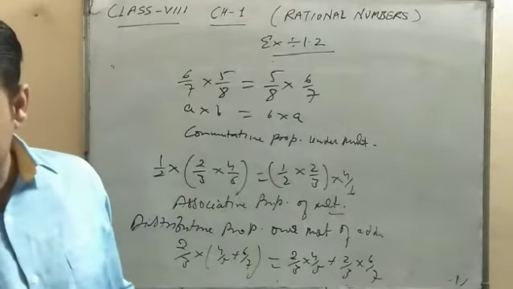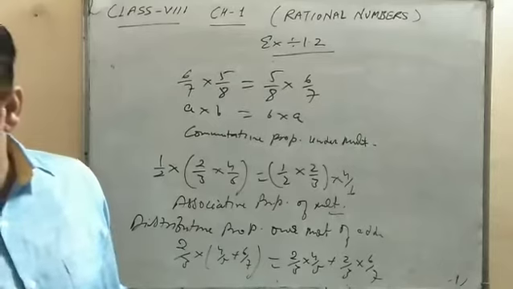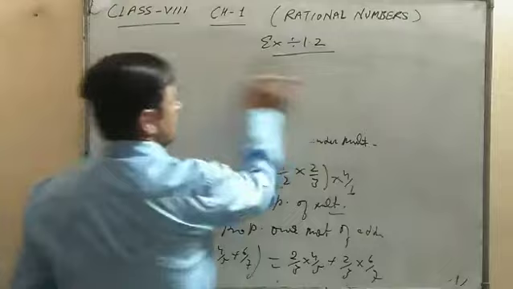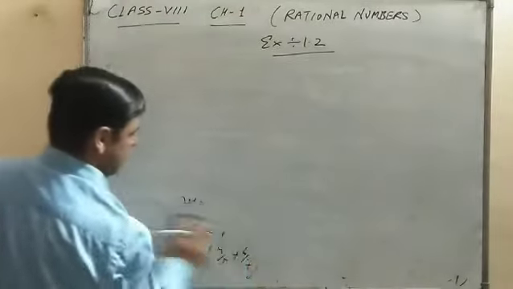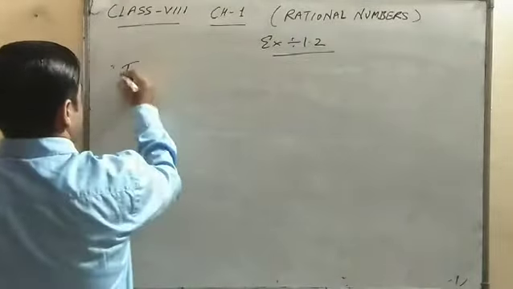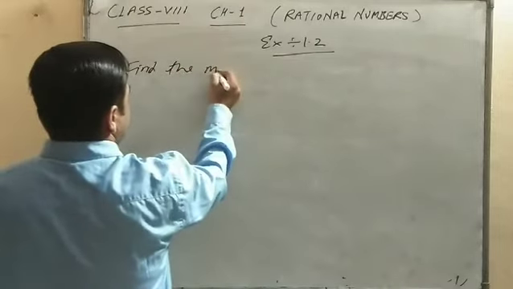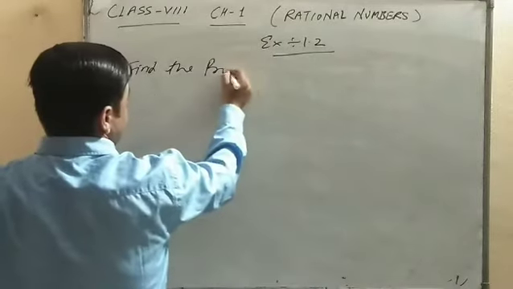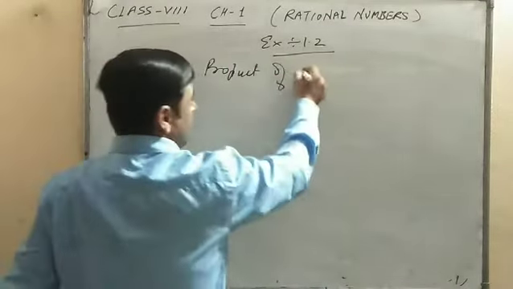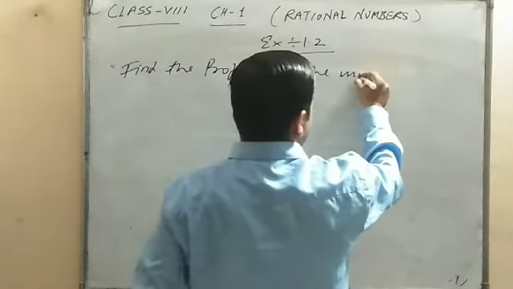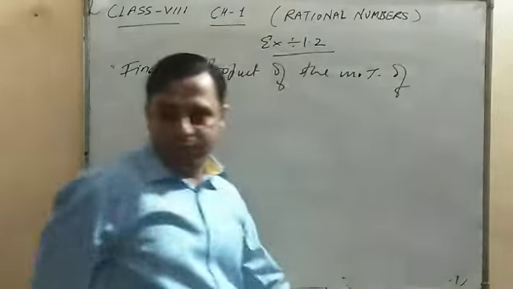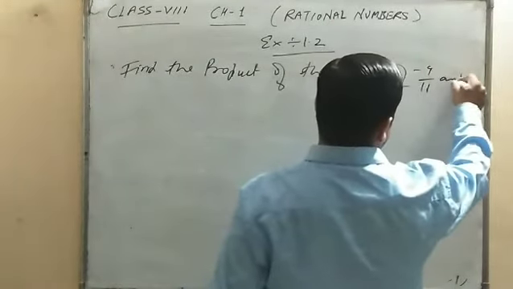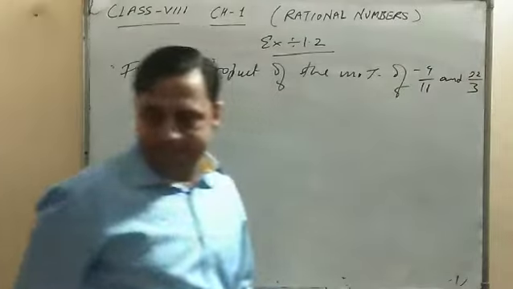Next one is, find the product of the multiplicative inverse of two rational numbers, that is minus 9 by 11 and 22 by 3.